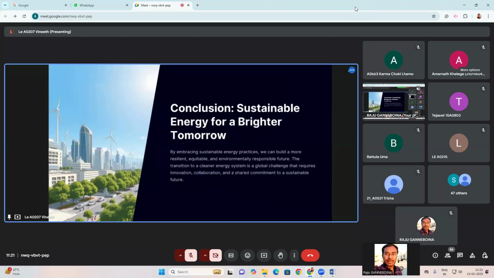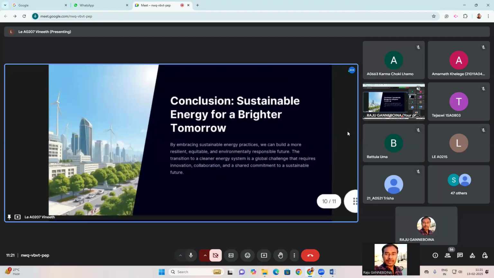But the main challenge is to overcome the limitations that they offer. So we need to overcome these limitations by advancing technologies and achieving highly efficient energy systems.